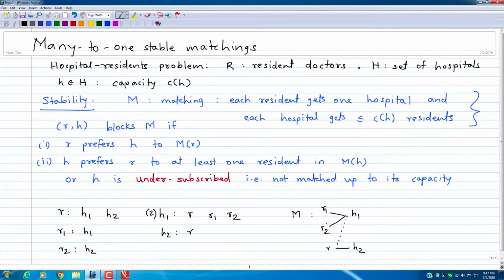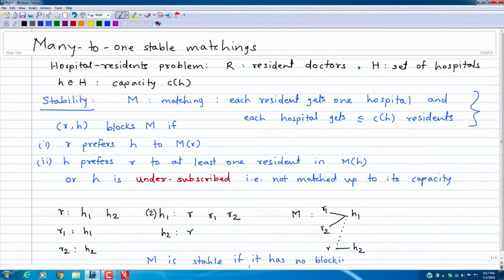So, any more questions? So now we know what a stable matching is. We say that M is stable if it has no blocking pair.